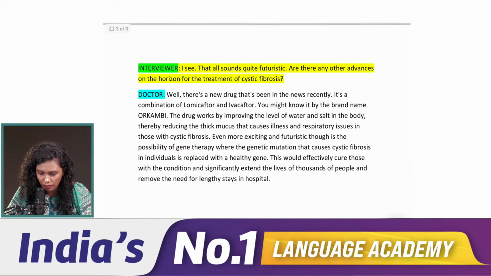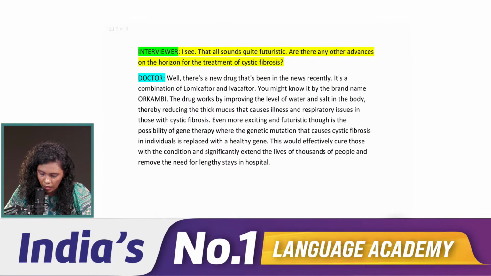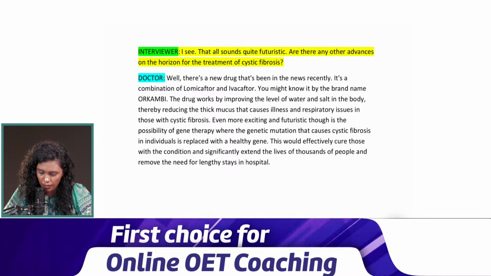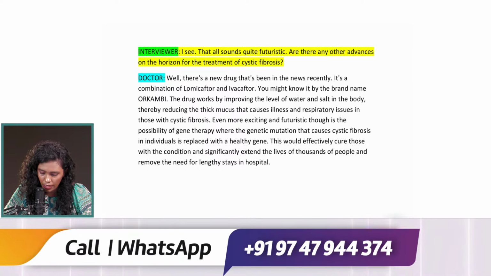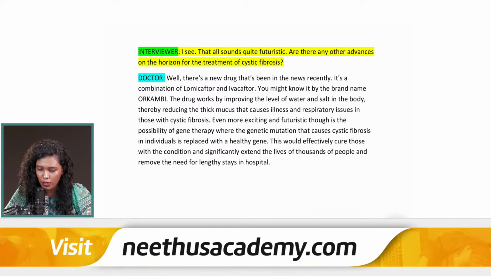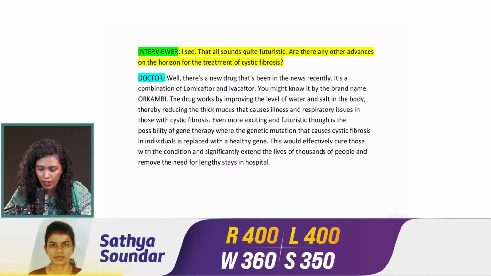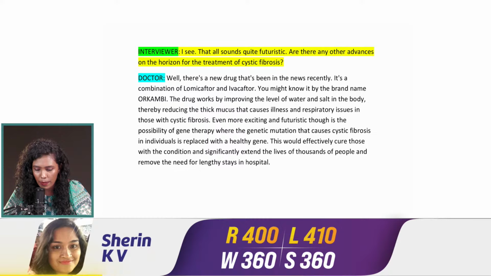Okay, now, yes, Dr. Hussain suggests that future treatment for cystic fibrosis could prevent breathing difficulties. Well, there is a new drug. They are mentioning a new drug which is a combination, and the drug works by improving the level of water and salt in the body, thereby reducing the thick mucus that causes illness and respiratory issues in those with cystic fibrosis.